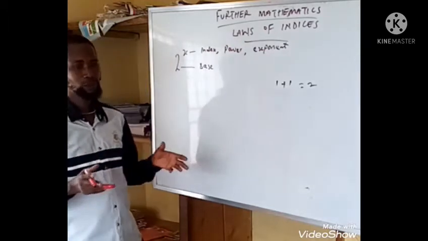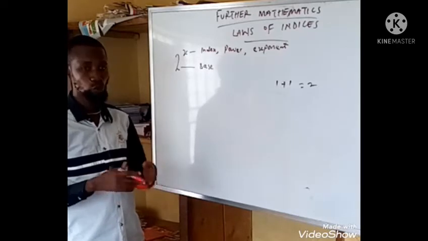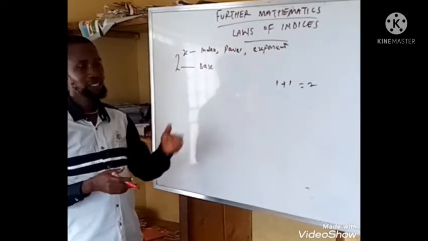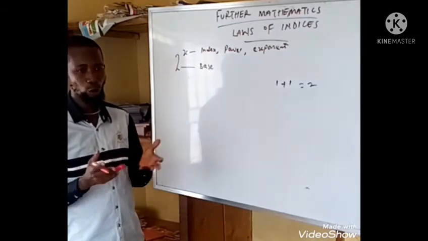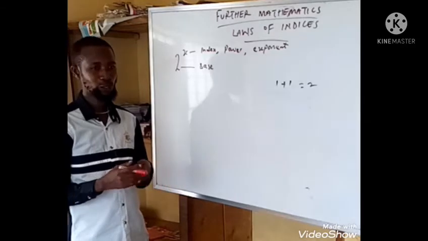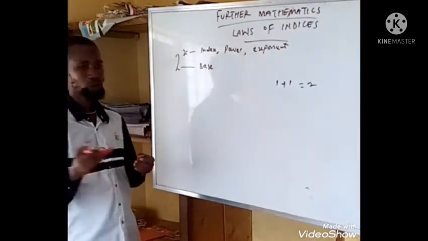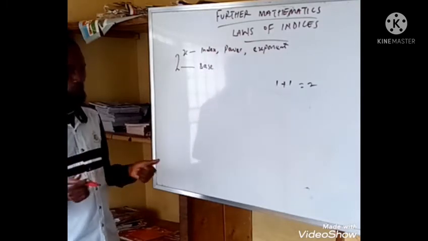To fully grasp the concept, one has to start with the rules, because these laws of indices are a set of rules that, if applied correctly, will usually lead to a good solution on the part of the person solving the question. So, without taking too much of our time, I'm going to start with those laws.